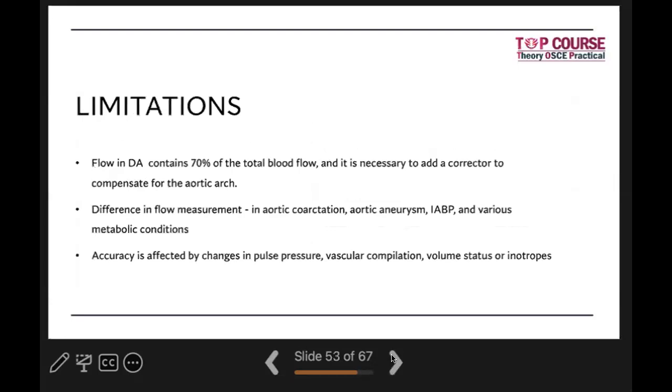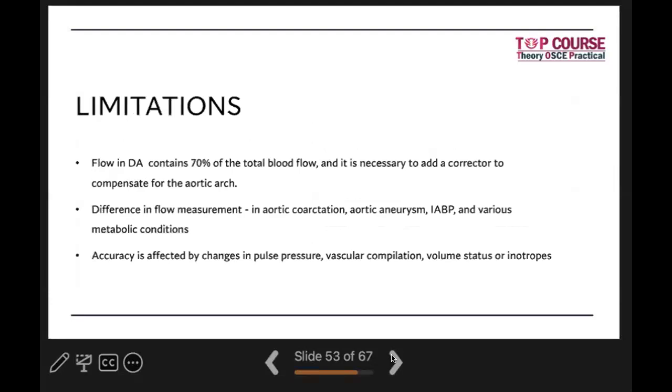So as I told you, it has a lot of assumptions. So what all could be the limitations? The limitations will be most of the assumptions which I told you, and it presumes that the flow in the descending aorta contains 70% of the total blood flow. So it is necessary to add a correction factor to compensate for the blood flow in the aortic arch.